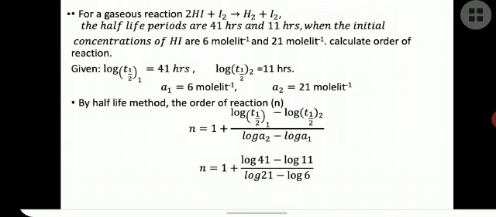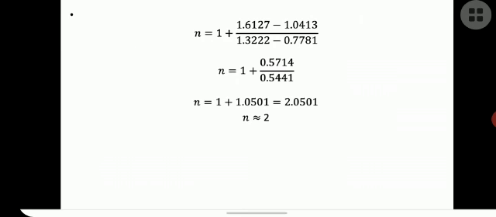Therefore, by substituting the values in our formula, we get n is equal to 1 plus log of 41 minus log of 11 divided by log of 21 minus log of 6.